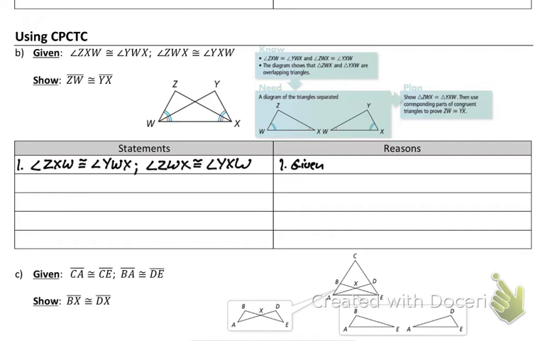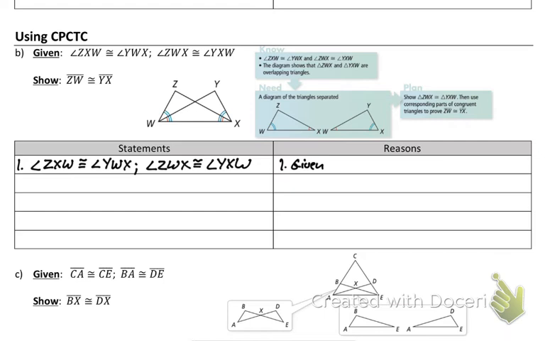I need to show that these two triangles are congruent, which means I need three things. I have two angles, and I'm missing a third part. Our job is to look at these two triangles overlapping. Do they share a part? Angle W? No, because in one it's a big angle and in the other it's a small one. They have to share 100% of it. Yes, side WX.